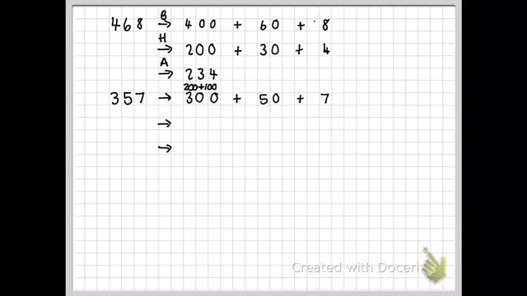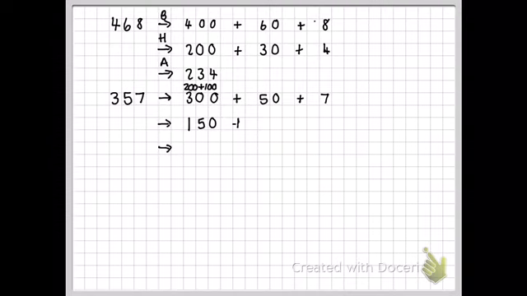We break it up like that in our heads to get the answer, make it easier for ourselves. Okay, so what's half of 200 then? Well, we know half of 200 is 100, and half of 100 is 50. So if we put that together, half of 300 then is 150.